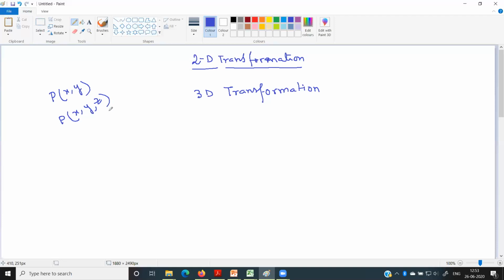Now we will discuss the different transformations which we can perform on the 2D plane. The same set of transformations we can also perform on the 3D plane, and we can also discuss how to derive the transformation matrix. As you know, there are different types of 3D transformation. The first one we will discuss is translation.